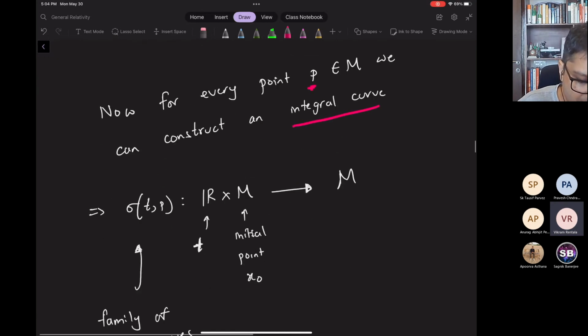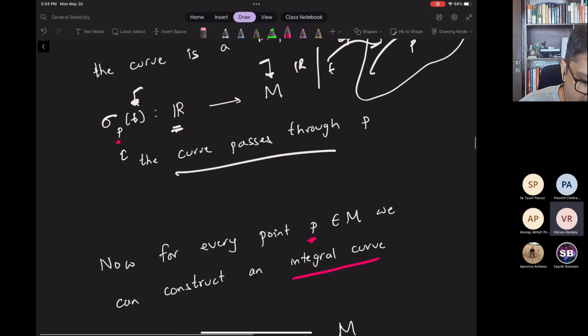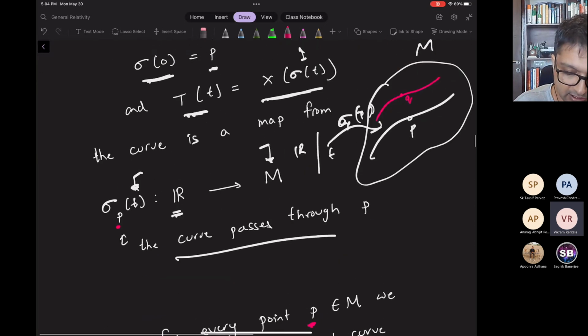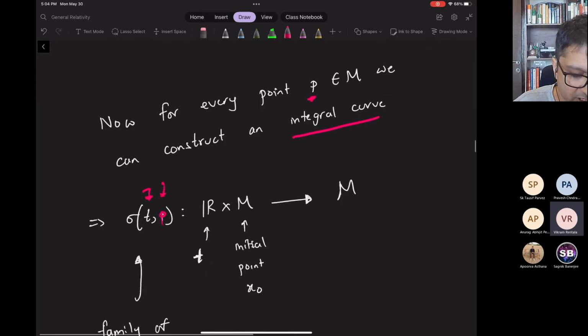Which means that instead of writing this as sigma_p(t), I can think about this as sigma_t(p). I'm just pulling the p inside because the sigma depends not only on the parameter t. The parameter t tells me where I am along this curve. The parameter p, or the point q, tells me that this curve passes through the point p or the point q. So for different p's, in general, I'm getting different curves. It's a map where t takes values in the real numbers, and the point p takes values on the manifold.